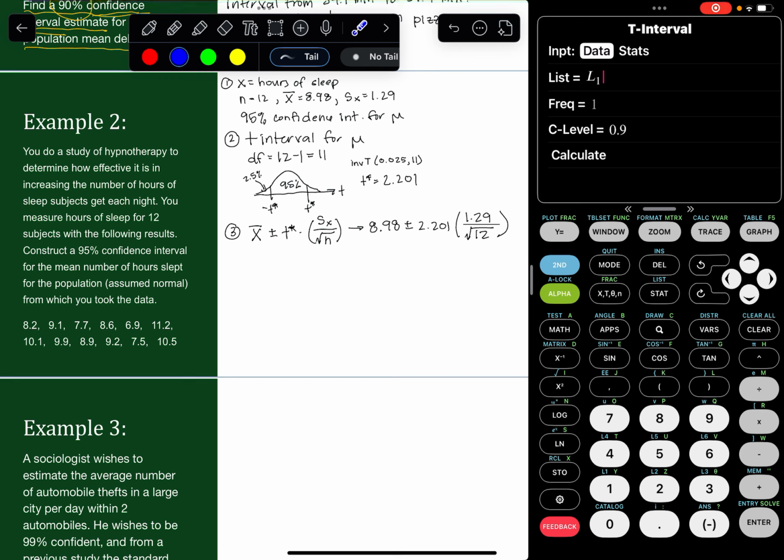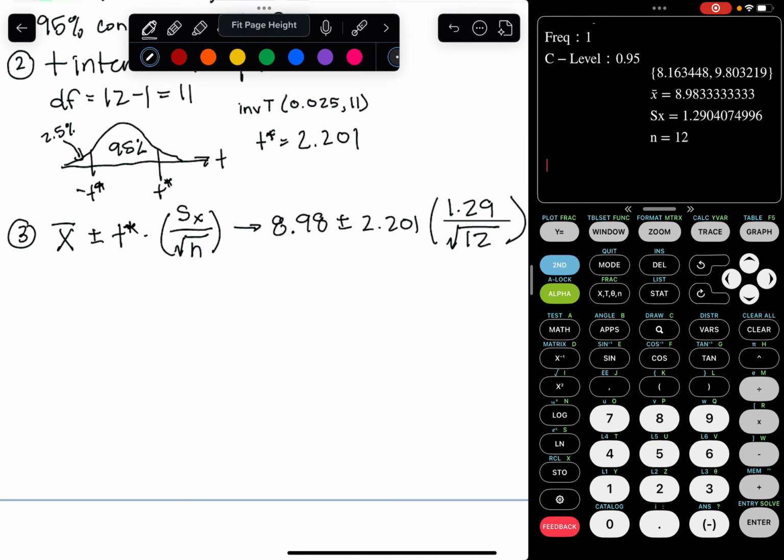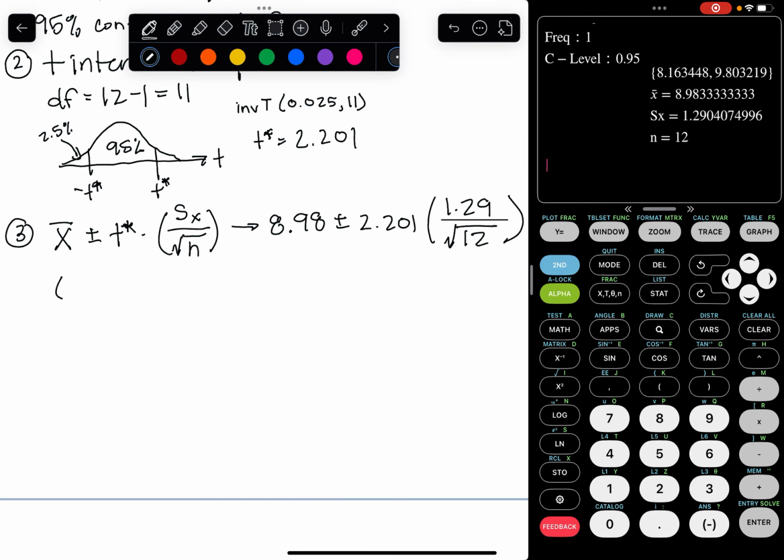I'm going to tell it where my data is. It's in list 1. We shouldn't have a frequency list. We can leave that as is. And our confidence level for this problem was 95%, so 0.95. And when we do that, we get 8.16 to 9.80.